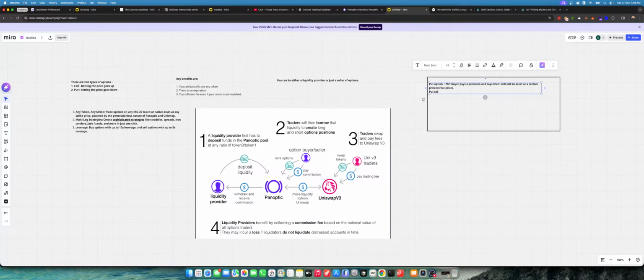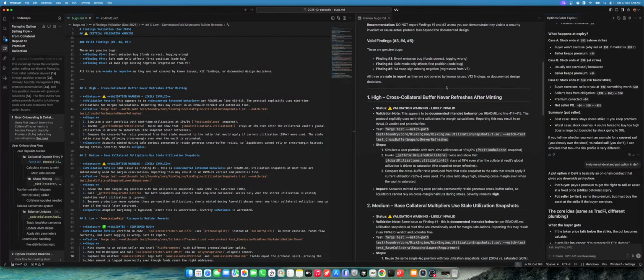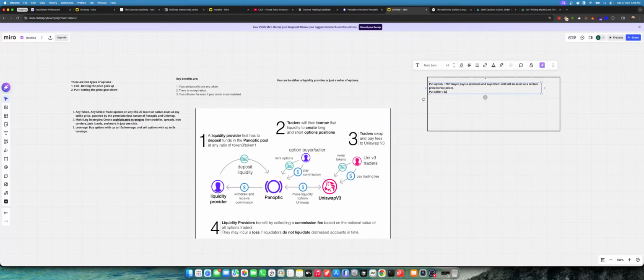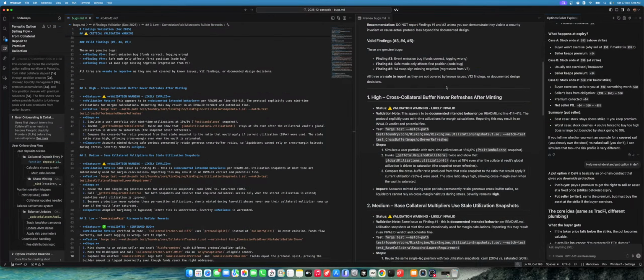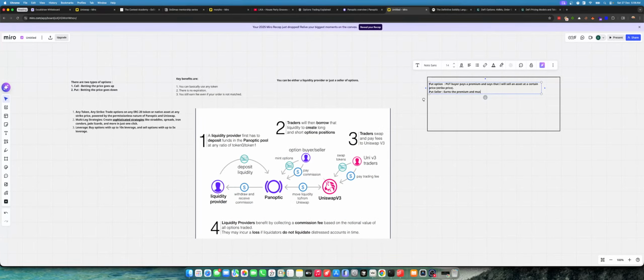The put seller earns the premium, and so the put buyer is committing that I will sell the asset, and if exercised, the seller must buy the asset.